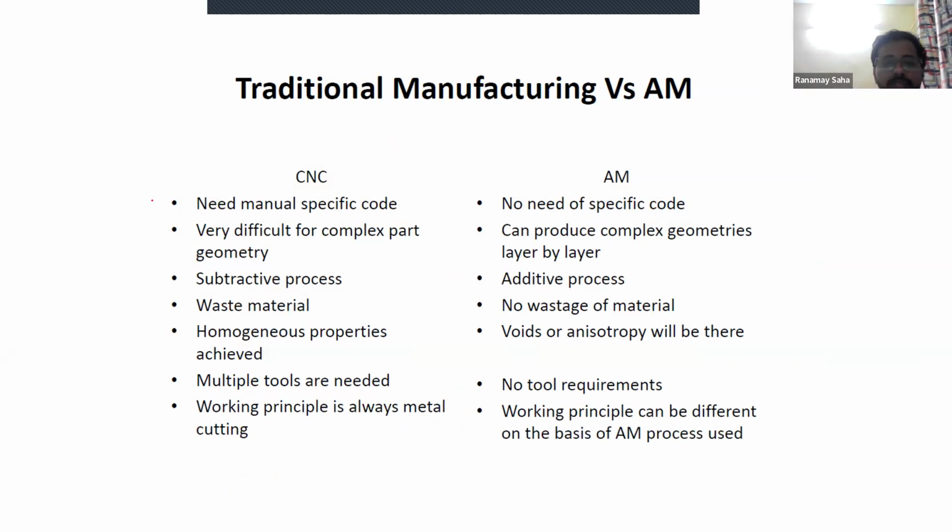Here is a differentiation between CNC and additive manufacturing processes. In the case of CNC, you need specific manual codes, like G codes and M codes, but these are not actually needed in additive manufacturing.